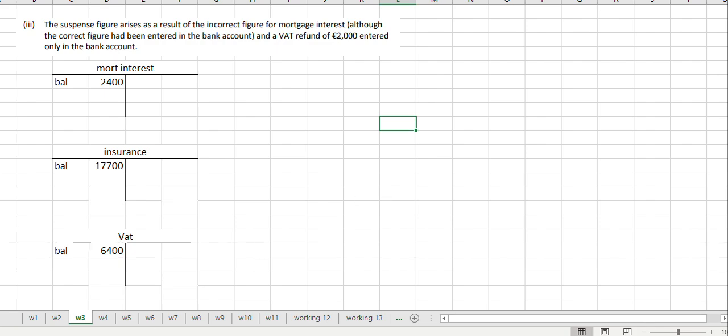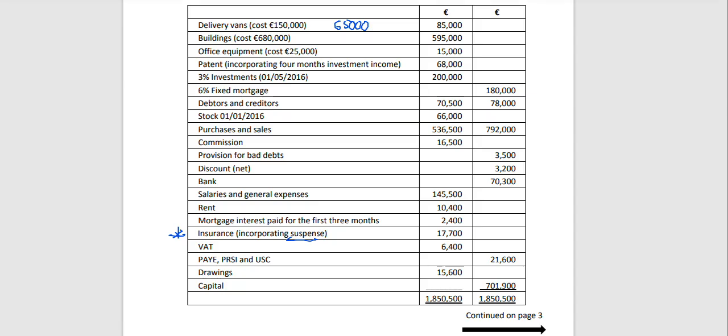So the first thing I need to work out is what is the correct figure for mortgage interest. So I go back to the trial balance. Mortgage interest, if we look here, we have a 6% fixed mortgage of 180,000. And mortgage interest was paid for the first 3 months.